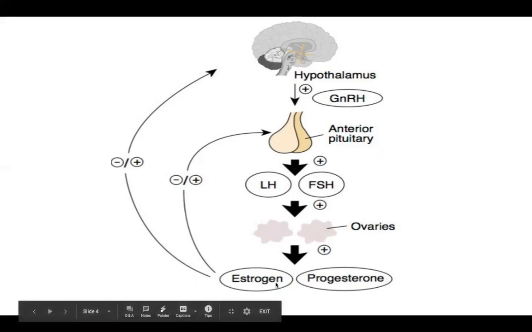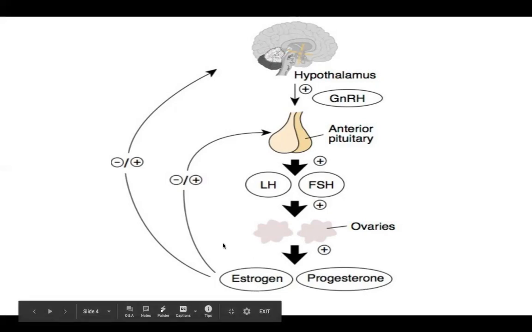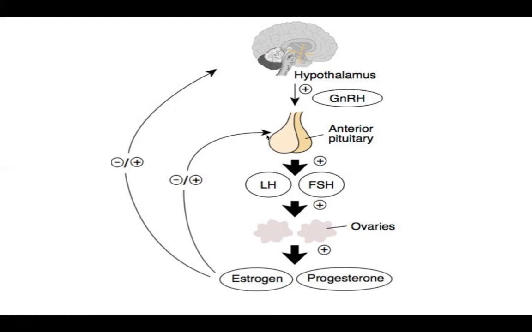You have a positive feedback loop and a negative feedback loop, which I'll talk about later in this lecture, but it's pretty much how the female reproductive cycle occurs, with the estrogens and progesterones feeding back to the hypothalamus and the anterior pituitary.